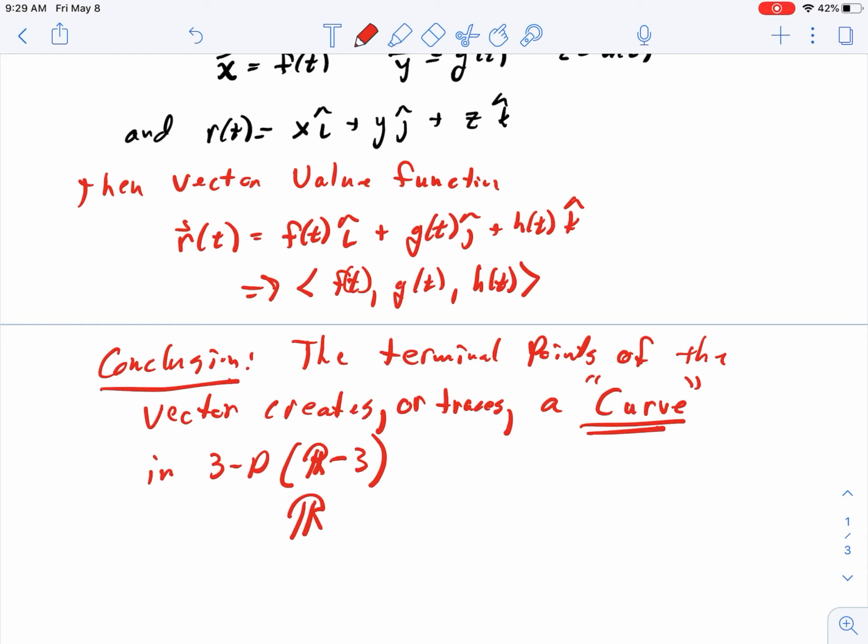Let me rewrite that. That's an R. Region of 3 means 3-dimensional. Now you also can have 2-dimensional. You can do it also there for curvature, but it's kind of the start of understanding and wrapping your head around curvature of an object.